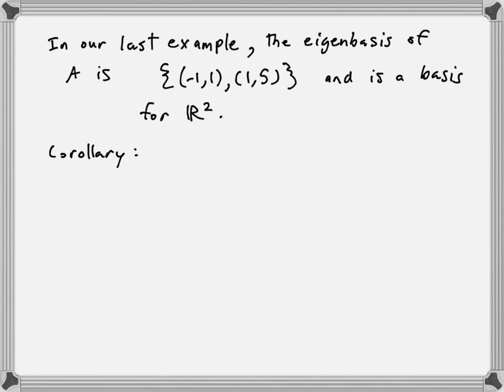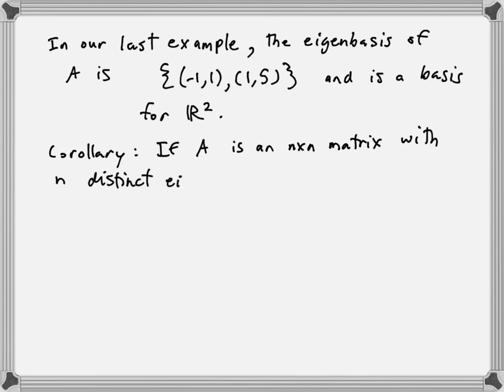Okay, so this brings us to our next corollary. It says, if A is an n by n matrix with n distinct eigenvalues, then A is non-defective.